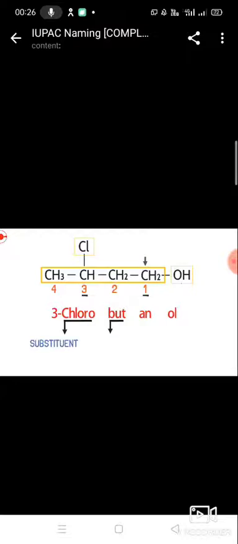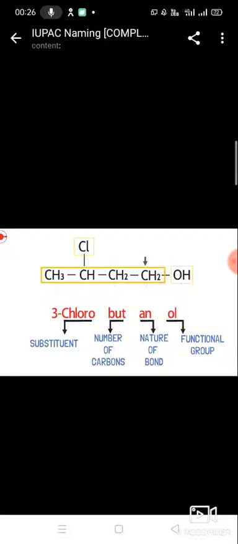So chlorine is the substituent, butane gives the number of carbons and shows the nature of the bond, whether it is double bond or triple bond. OL is the functional group suffix. This is the rule we have to follow for writing the name. Prefix is the substituent, next is the word root, afterwards we show whether it is a double or triple bond, and next we add the suffix of the functional group.